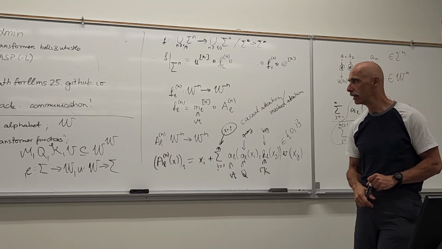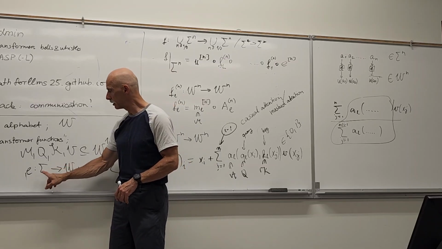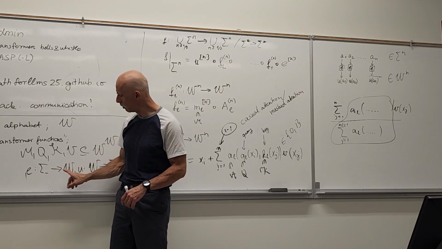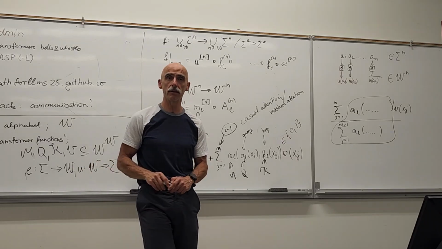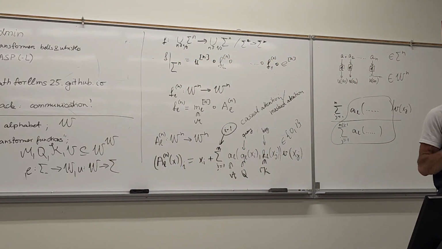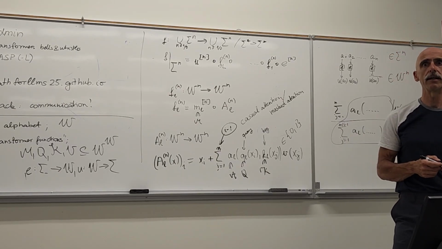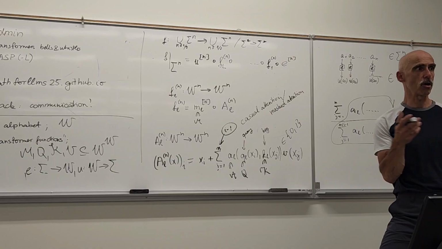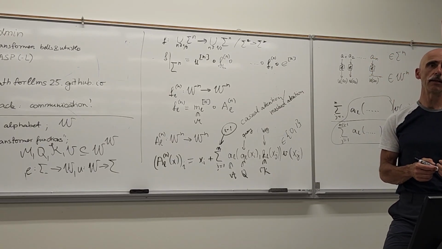For the unembedding, you should imagine that every element of the symbol set is just a vector, and sometimes you just use the same vector, and then the way you compute the unembedding is that you compute inner products between the vectors, and then the largest inner product wins. So that's the argmax way of doing the decoding.